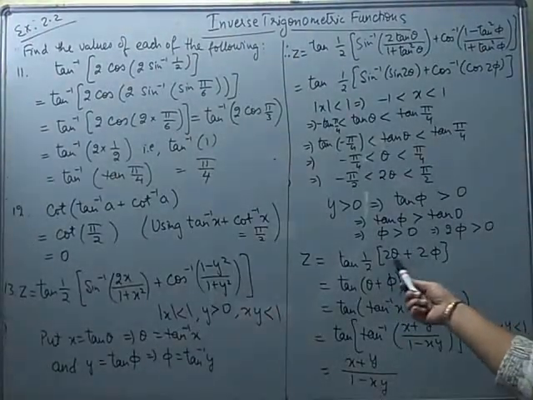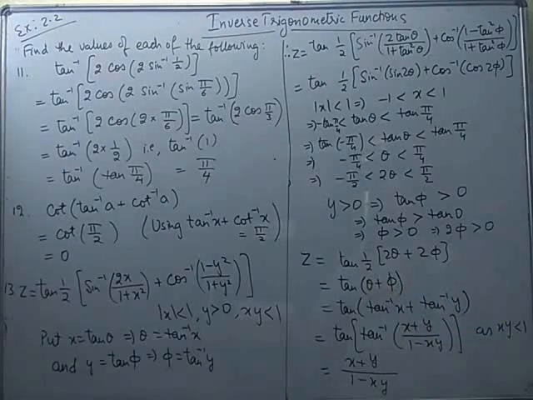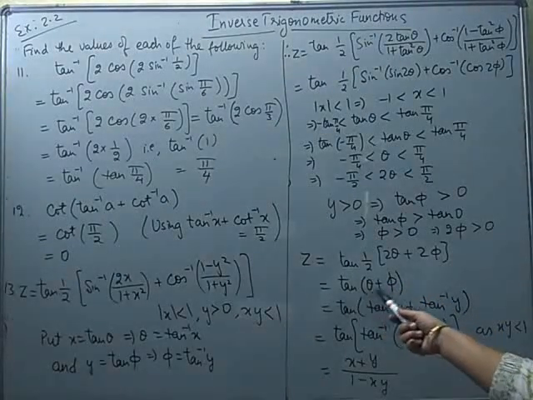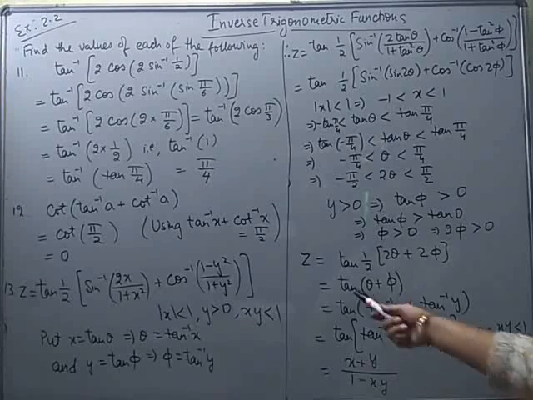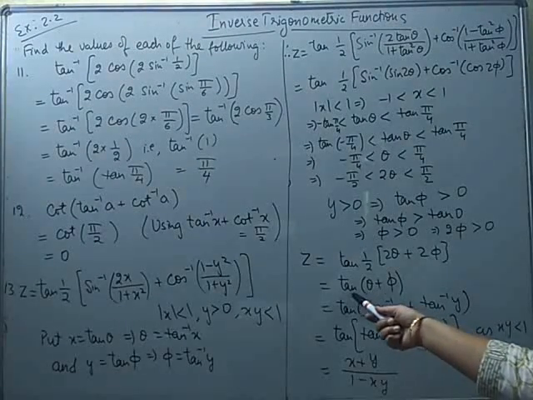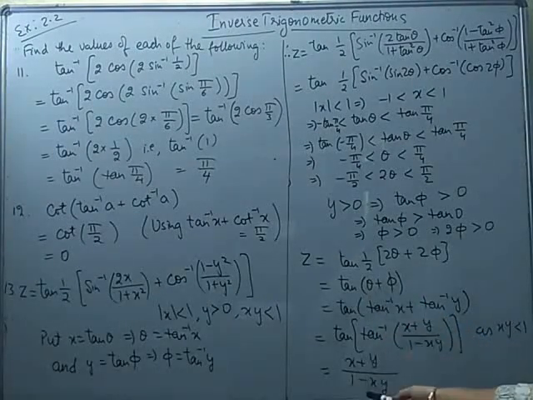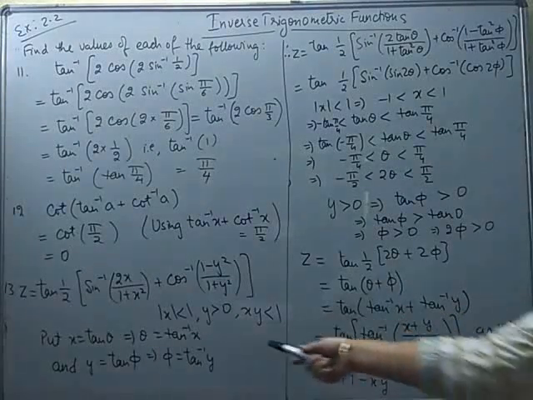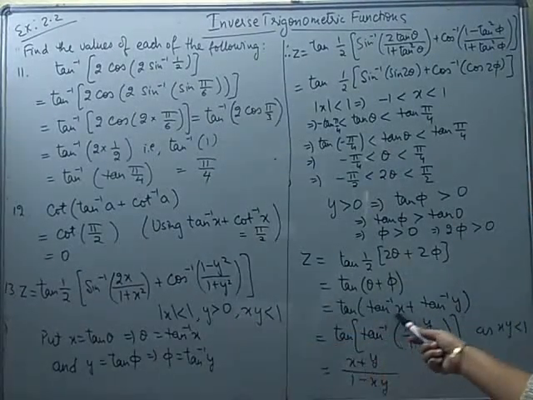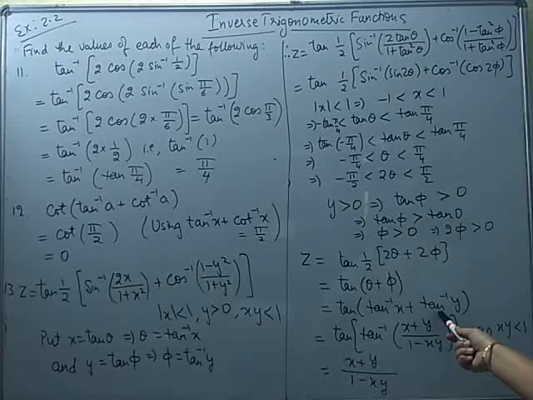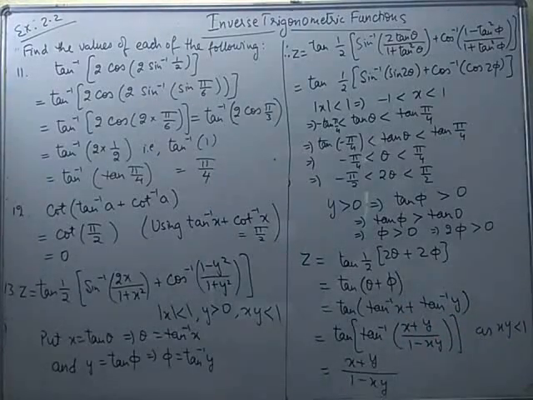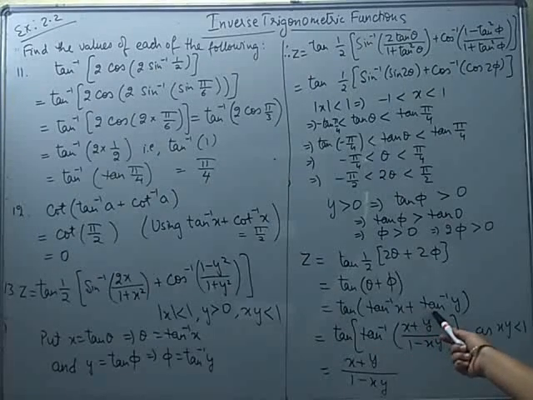See, we can take 2 common here which cancels out with the 2 in the denominator, and we have tan of theta plus phi. You can expand it directly from here using the formula tan a plus b and reach the conclusion, or you can convert theta and phi into the original variables x and y. Theta is tan inverse x, phi is tan inverse y, and we can use the formula for it.